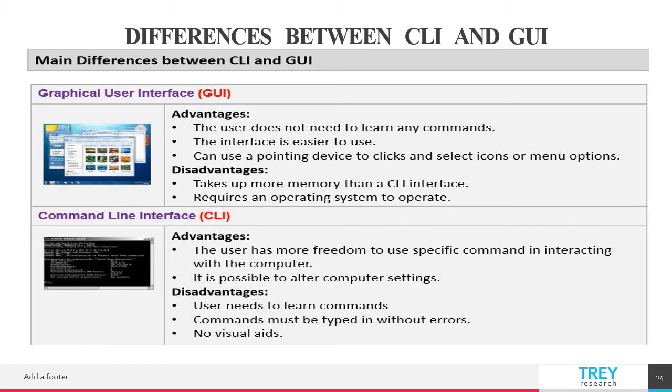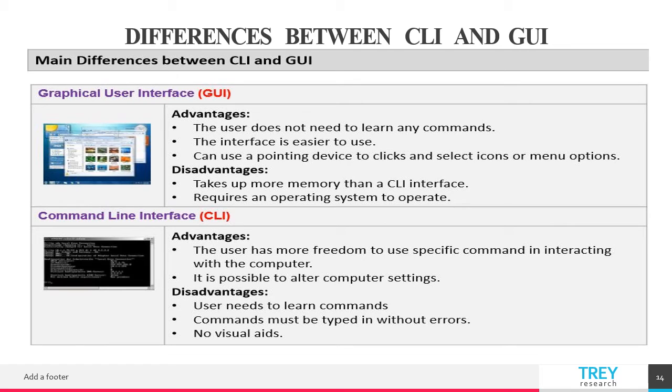Okay, so the disadvantages of the graphical user interface: it takes up more memory than a command line interface, and it requires an operating system for it to be able to operate. So when we say it requires an operating system, you know what we are talking about this time now.